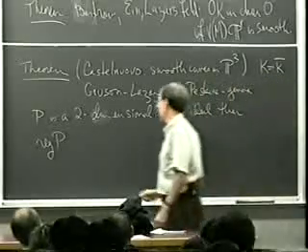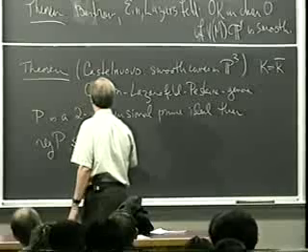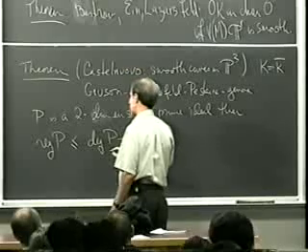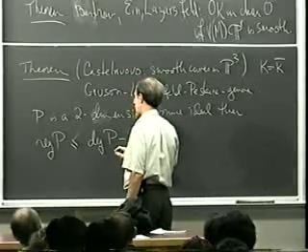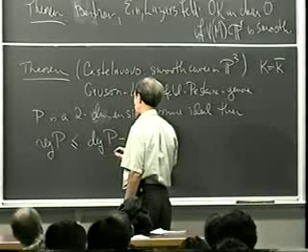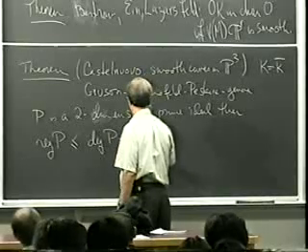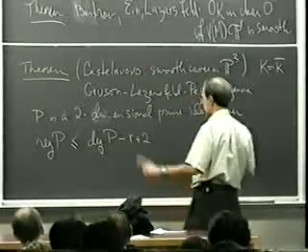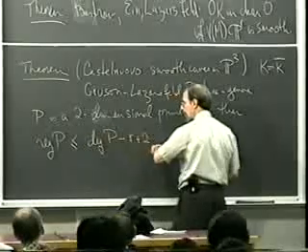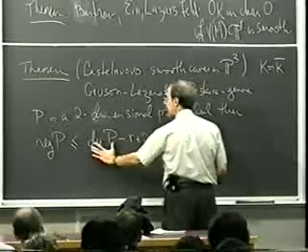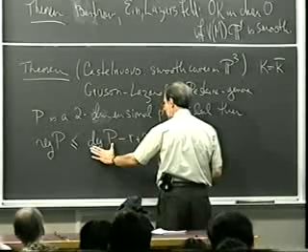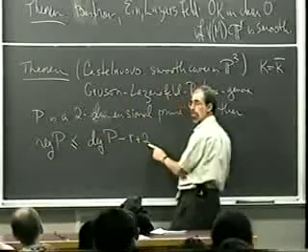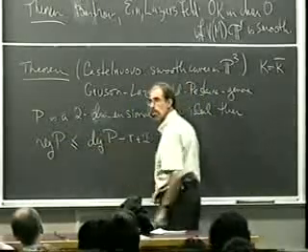Then the regularity of P is bounded by the degree of P minus r plus 2. Let's see if I got this right. So the twisted cubic in P3 is an example which is sharp. So the degree there is 3. r is 3. The ideal is generated by quadrics and has a linear resolution. So the regularity is exactly 2. And this is the right formula.